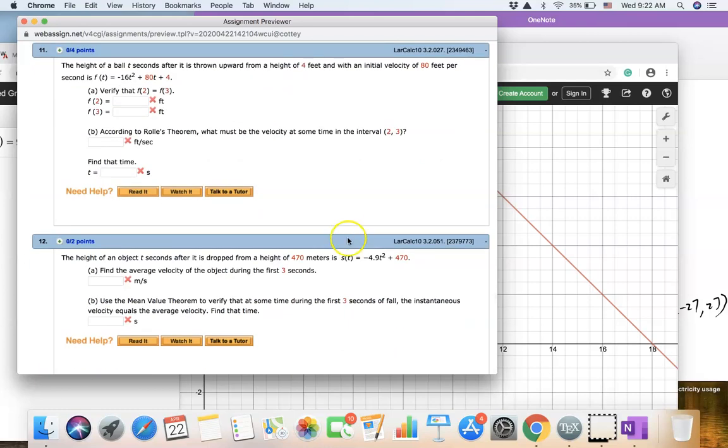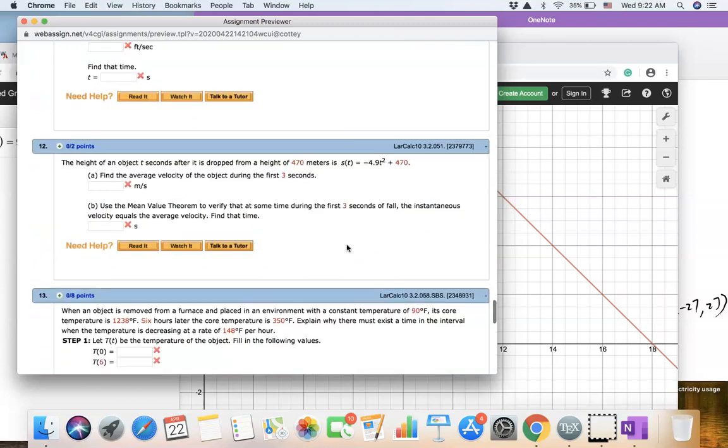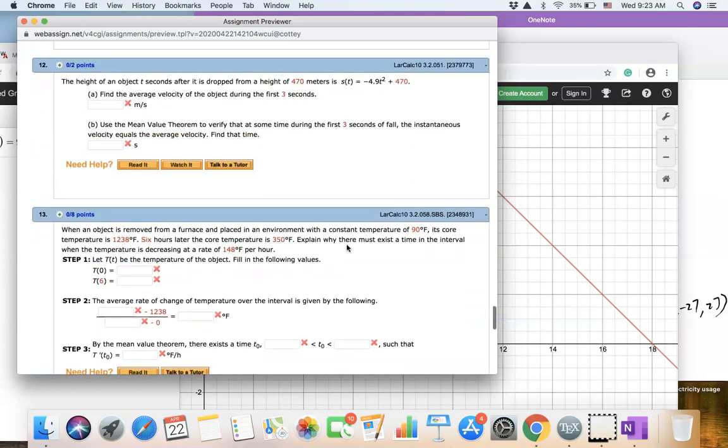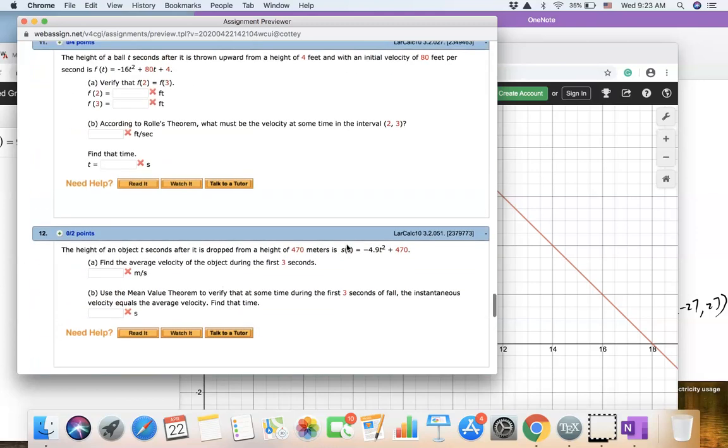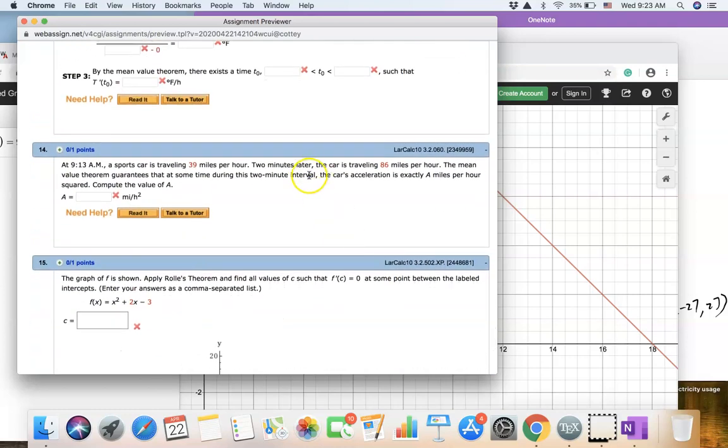Okay, let me do some other problems. All right, let's take a look at this one. At 9:13 a.m., a sports car is traveling 39 miles per hour. 2 minutes later, the car is traveling 86 miles per hour.